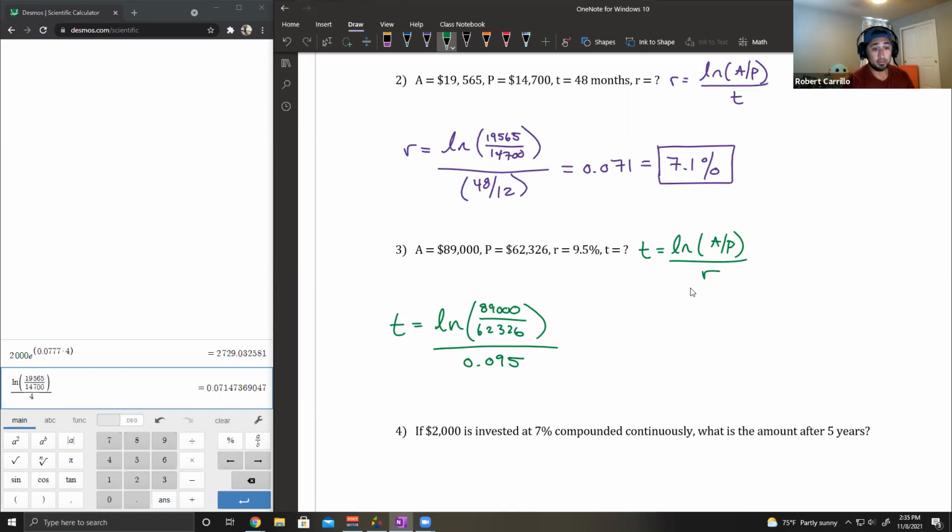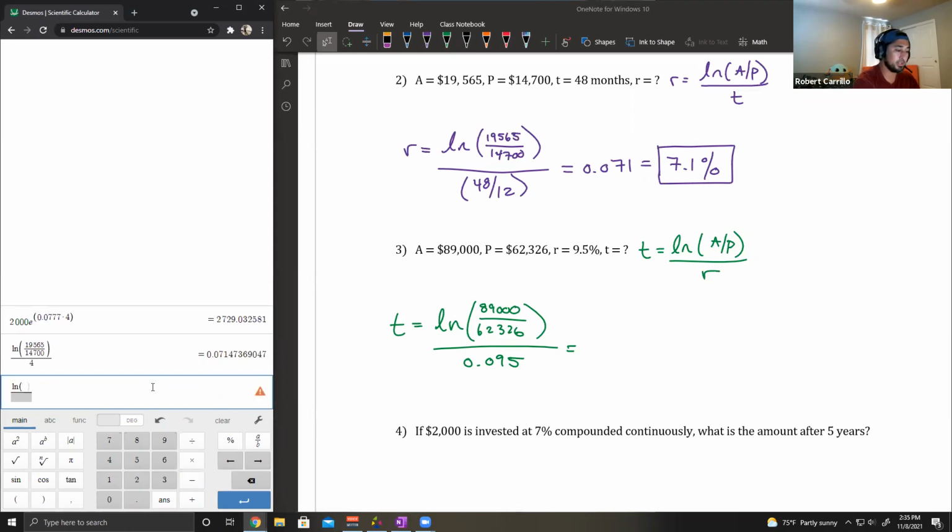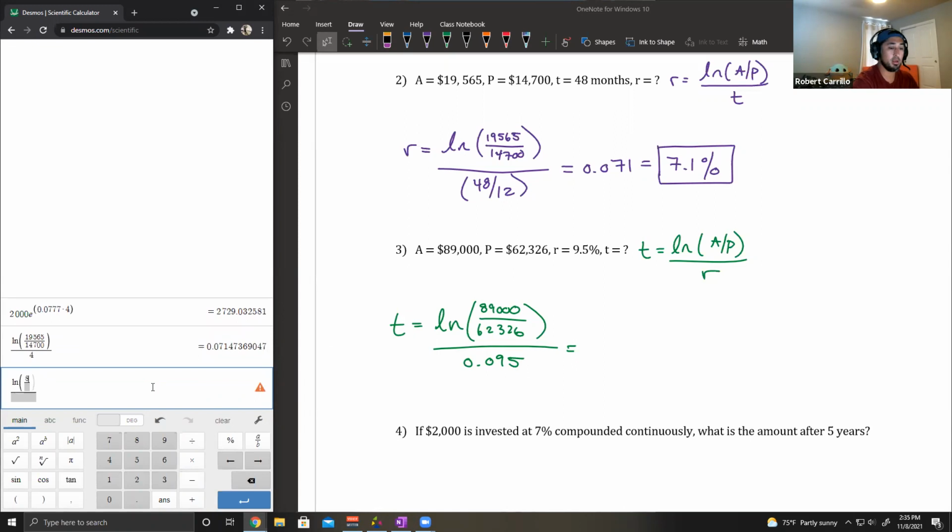Okay, now let's type that in. Fraction button, natural log, parentheses, fraction again, 89,000 over 62,326, over 0.095. And we get 3.75.